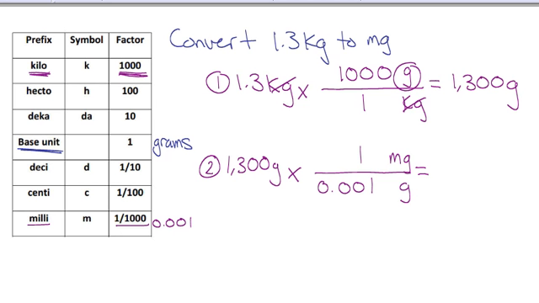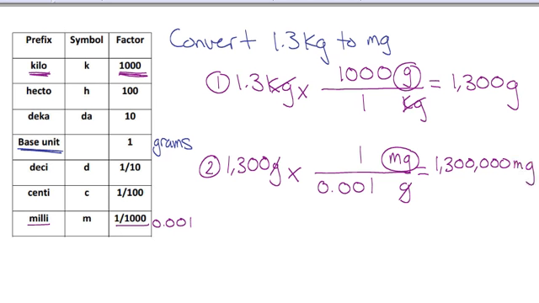So you go 1,300 times 1 divided by 0.001. And what you get is 1,300,000. Then our units, well, we had grams on top and on the bottom, so they cancel out. And we're left with the milligrams, which is what we wanted.